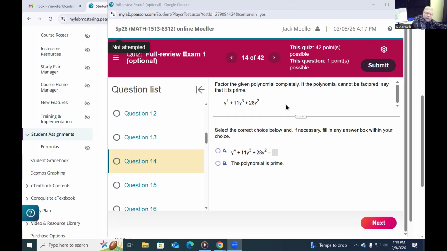So when I see this, the first thing that jumps out at me is the fact that I've got exponents bigger than 2. When I have exponents bigger than 2, and especially if it's a trinomial, that pretty much tells me this is going to be a GCF problem. Because the messier it is, the more likely it is to have a GCF.